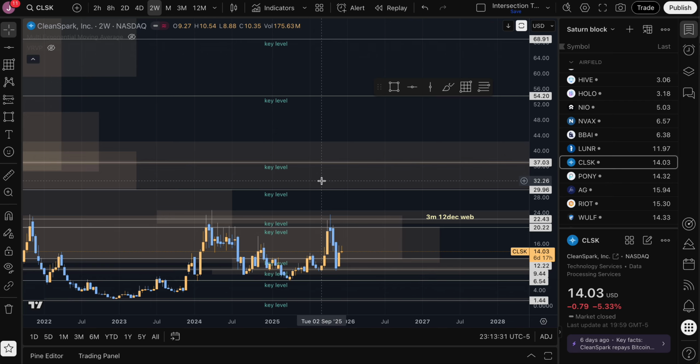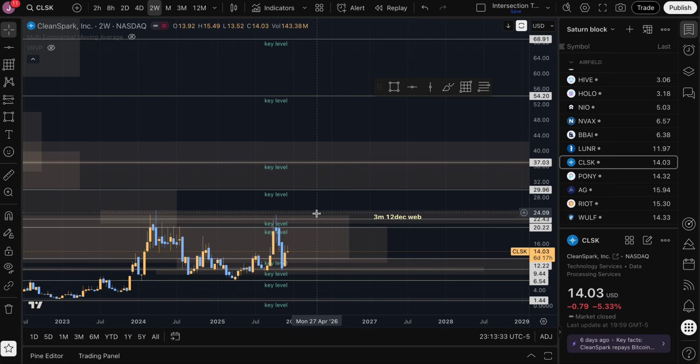And when it comes to reducing the amount of key levels, it's tricky because you see here tons of wicks. Those are great entries, but you might get busted through. And how long do you want to wait between trades?